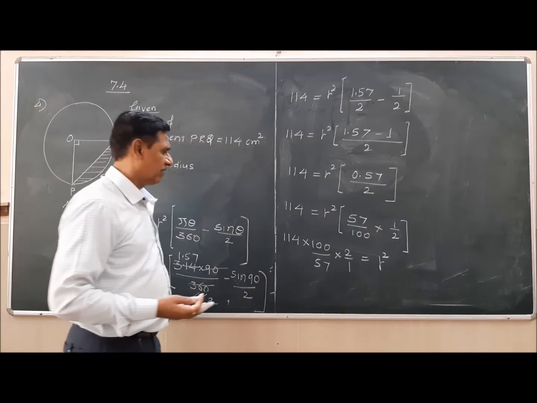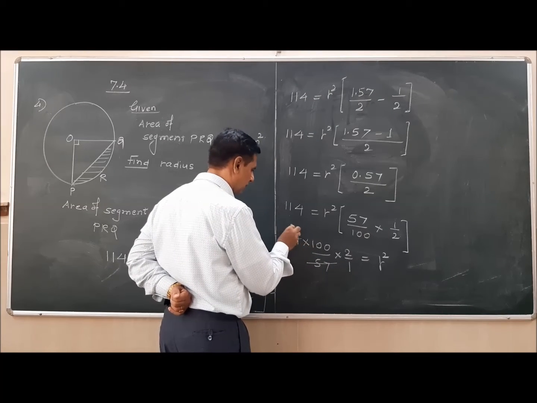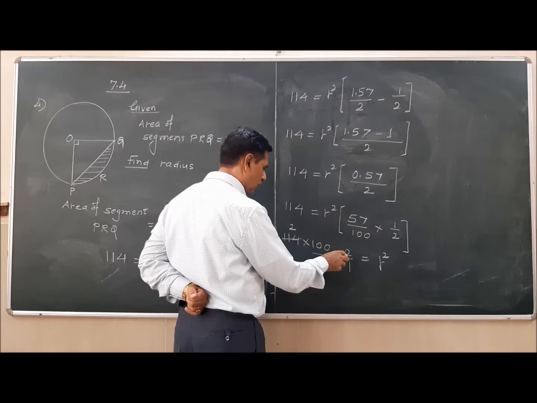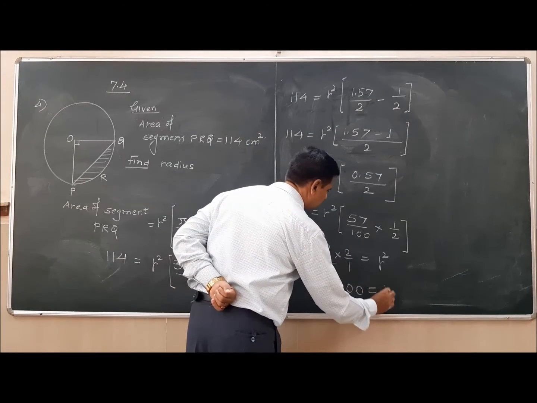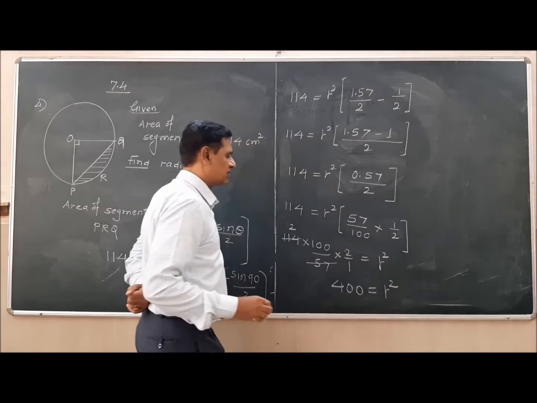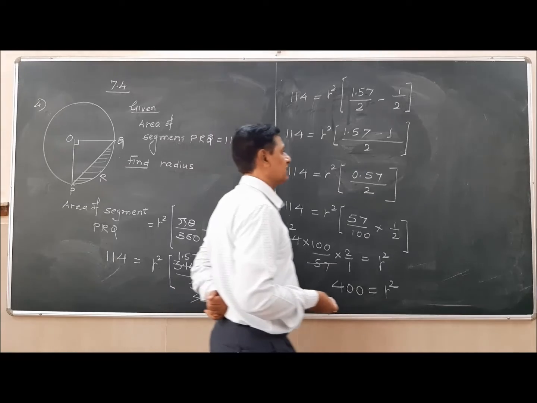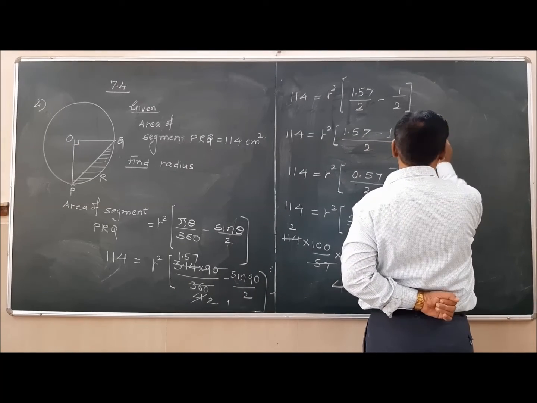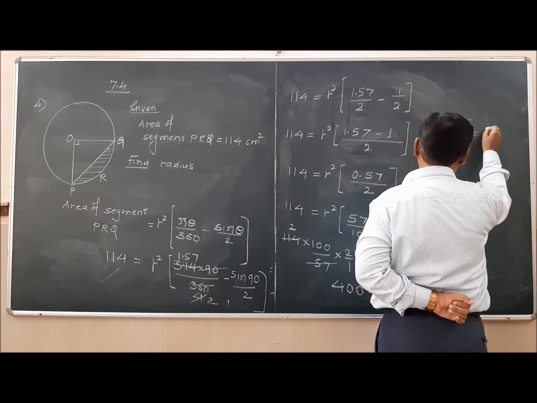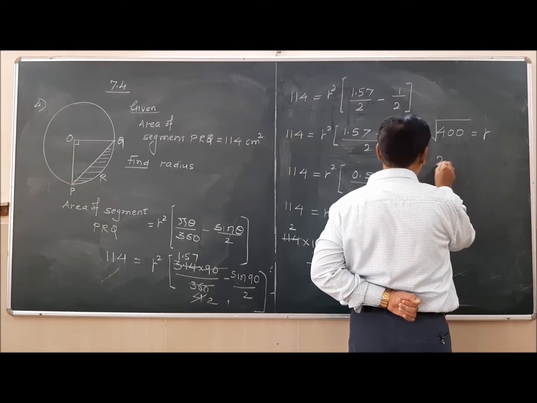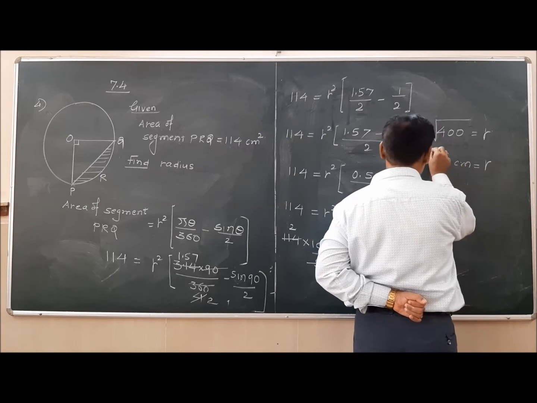Now you will find it so easy. 57 2s are 114, 2 2s are 4, 100 4s are 400. That is equal to r square. Now taking square root on both sides, you are familiar with squares and square roots. 400, you all know, is the square of 20, or we can say the square root of 400 is 20.